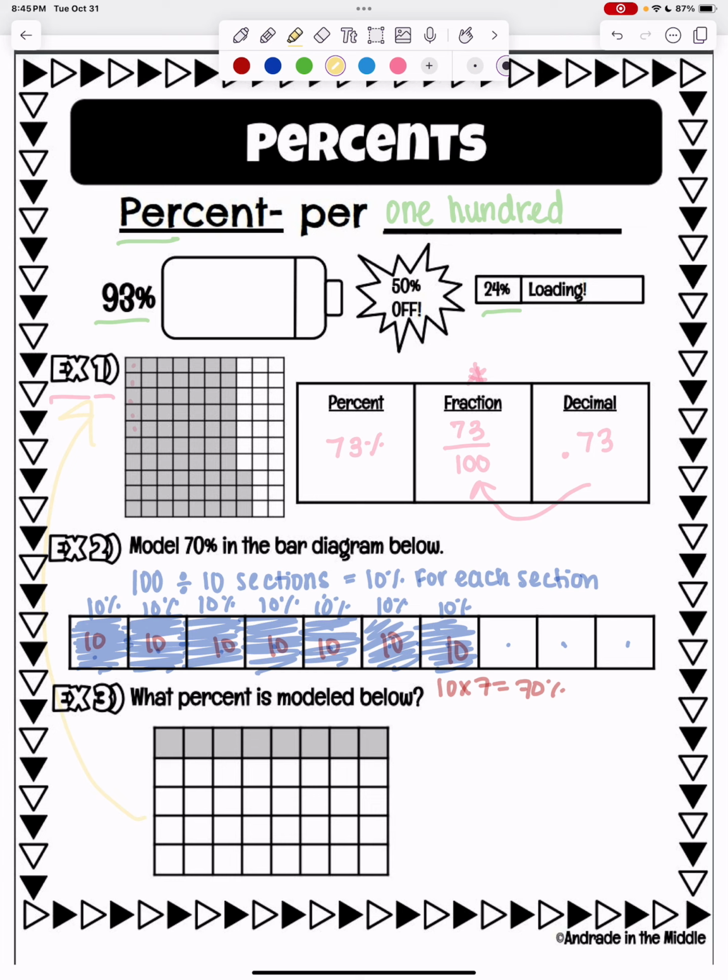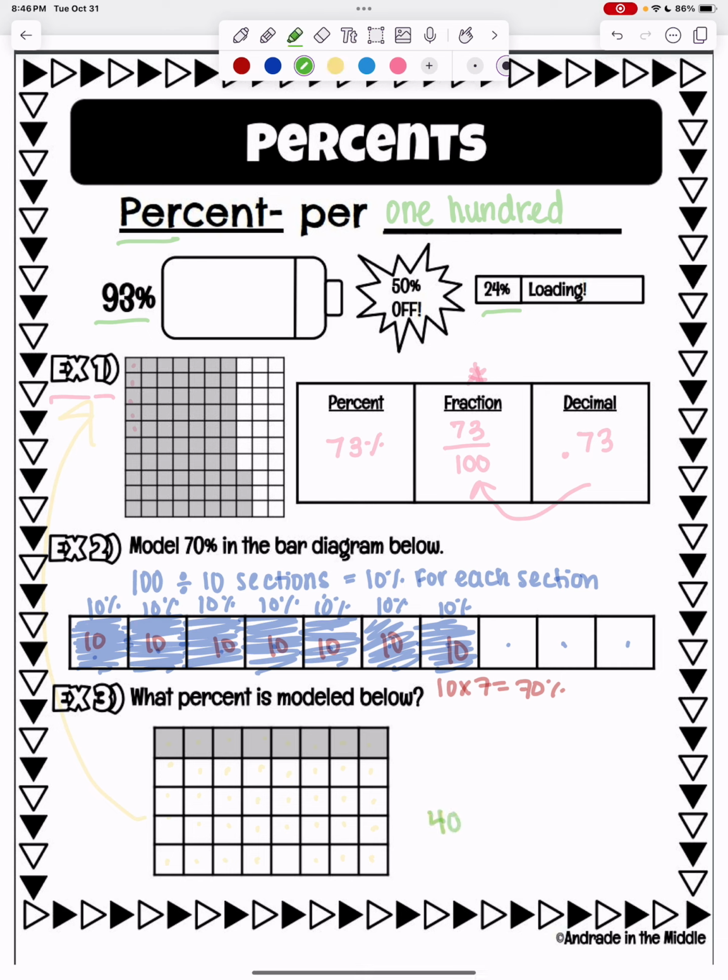Now it's a lesser amount of boxes, so let's count how many boxes. 1, 2, 3, and so on up to 40. I'll write with a different color. There are 40 total.